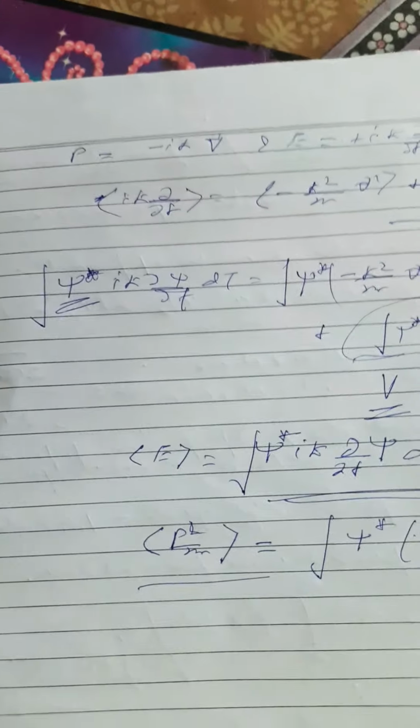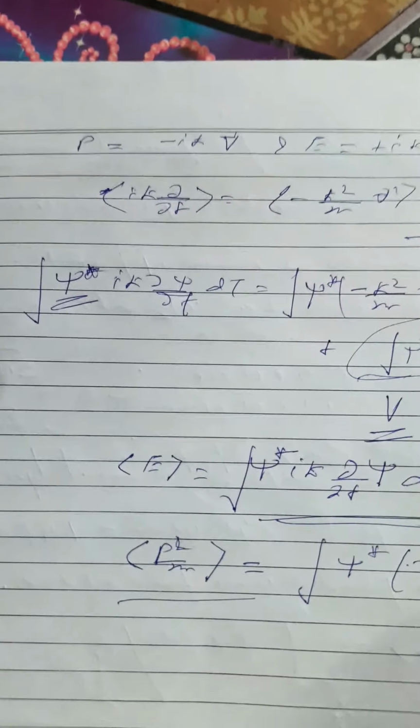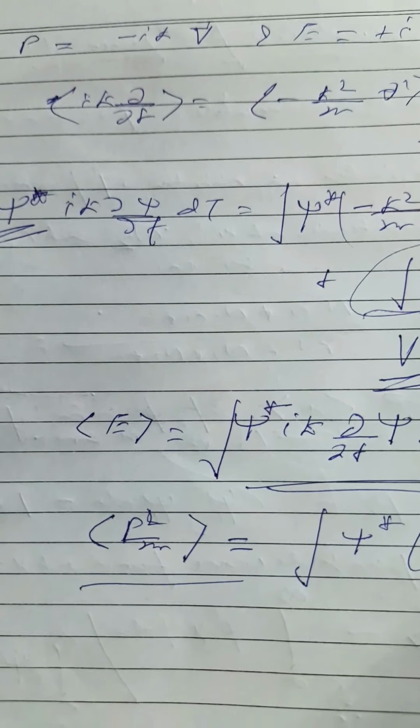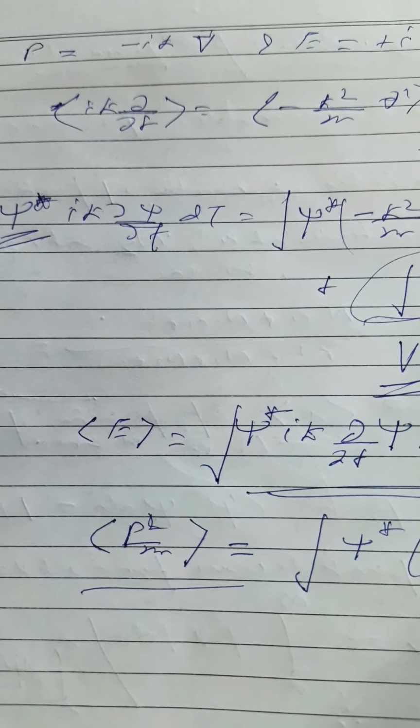Okay, now continuing further, we need to find the stationary state. For that we consider the time dependent Schrodinger equation in the case in which the potential energy is not a function of time, and is represented by V as a function of r.